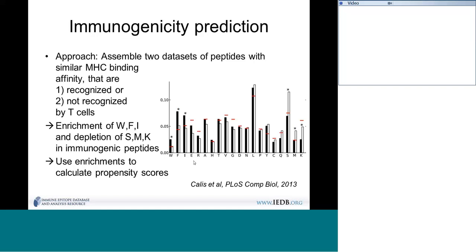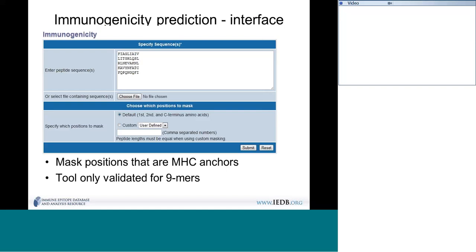So we can take these scores and, given a peptide, go through its residues and see whether the overall residue combination is more likely to give us an immune response or not. This is the tool that does this. You can just put your sequences in, and we are masking the MHC anchor positions, which is important.